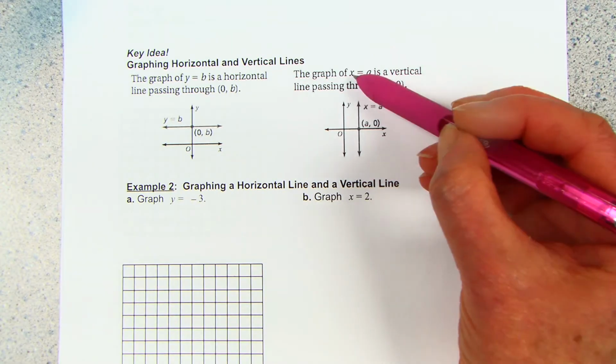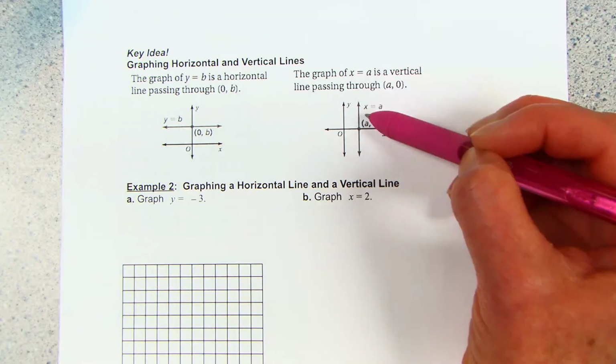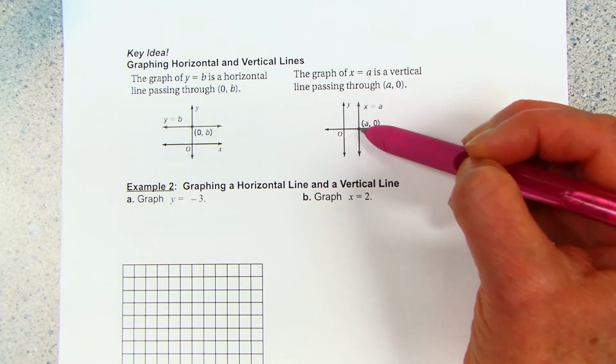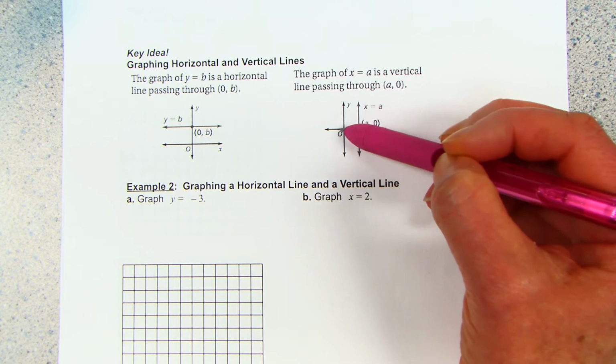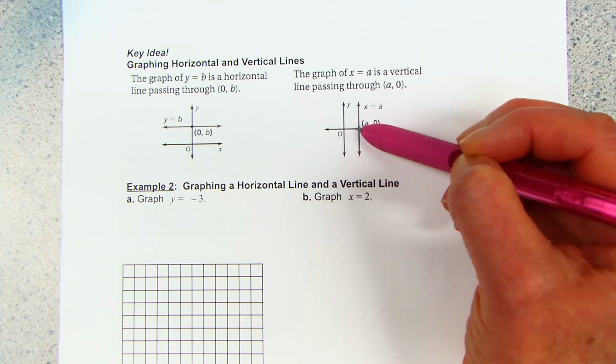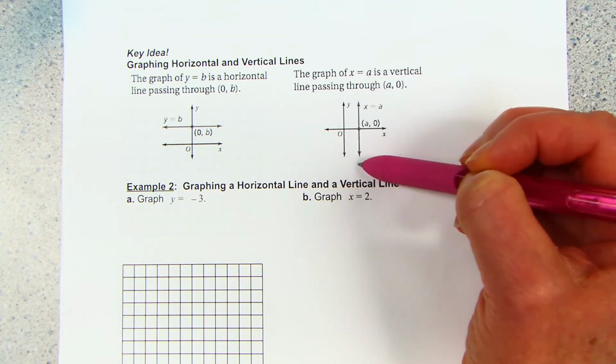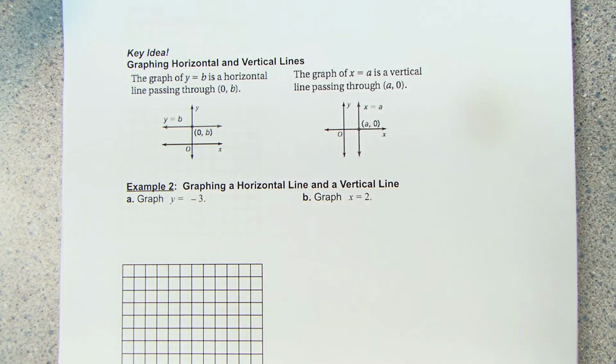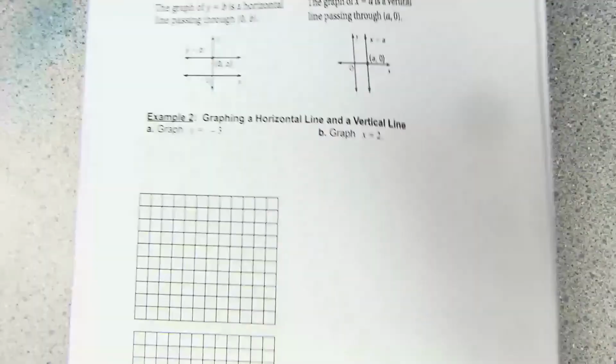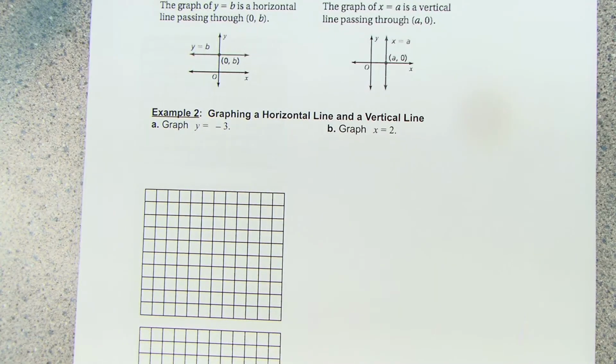So if you just have x equals a number, that's saying all of the x's are the same. So I'm always going to go over the same amount, and then I can go up or down, right? So it makes a vertical line. You can memorize that, or you can figure it out every time.